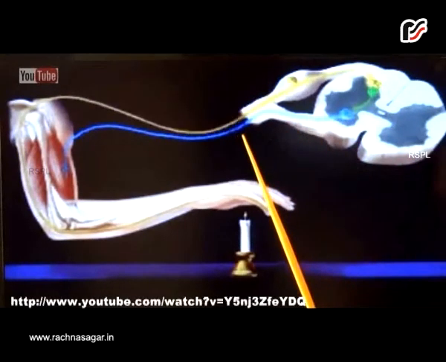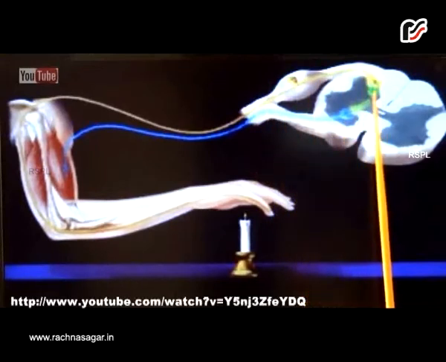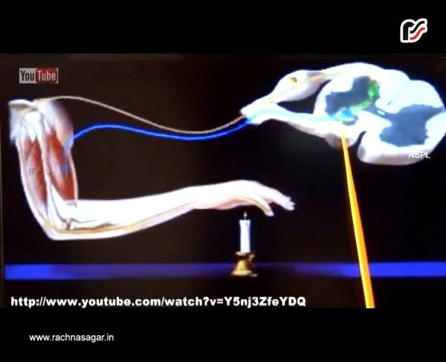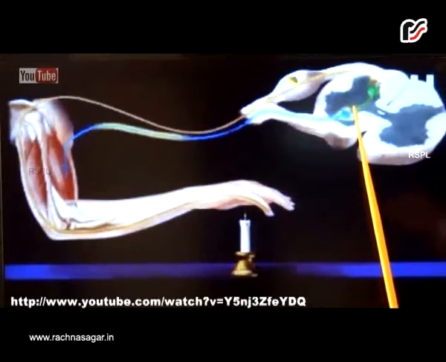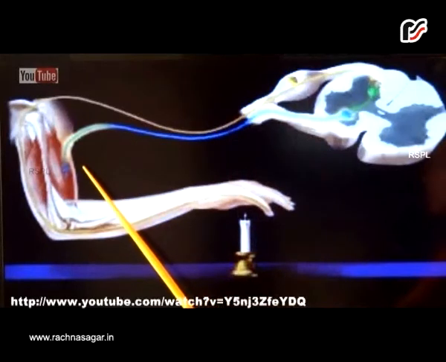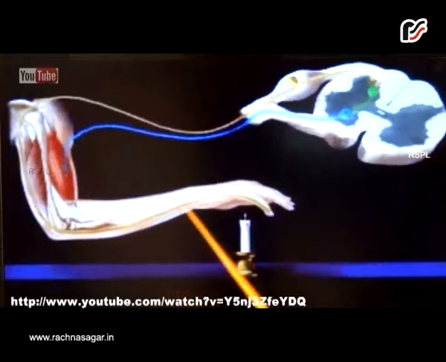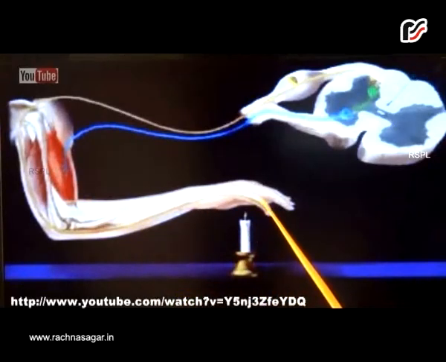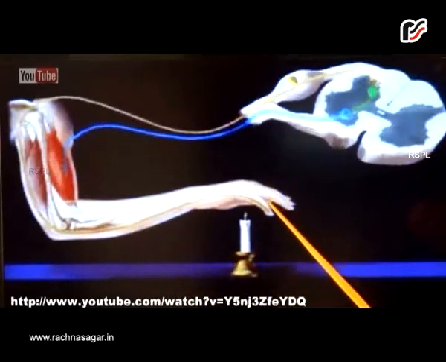Then it comes into the next neuron, that is, this is sensory, this is interneuron, and then the sensation is converted into a command that comes back via the motor neurons. Here you can see the motor neurons, they are carrying the sensation, and the sensation comes back to that particular body part. In this way the interpretation is done and suddenly the palm moves. This way the reflex action takes place.